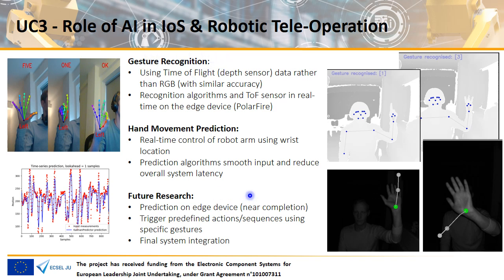Secondly, we're also looking at innovative techniques in terms of how we can predict the real-time direction of a user. How can we predict where their arm will move, and that it moves smoothly, so that the robot can actually progress to do a particular task.